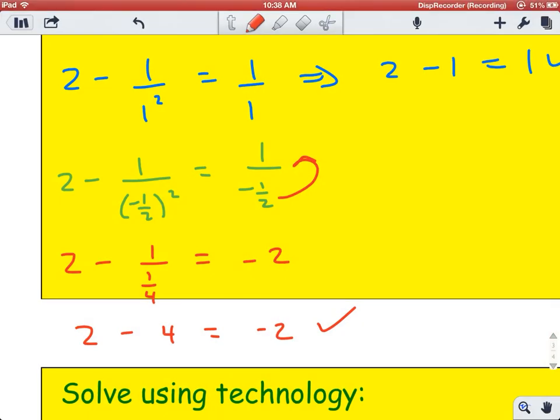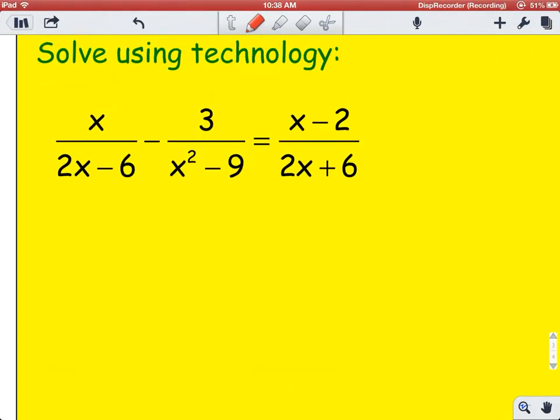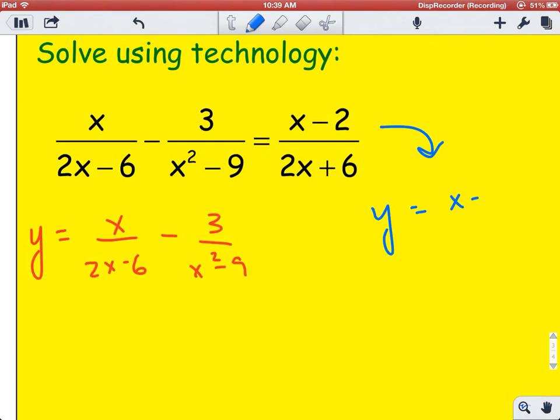And finally, let's take a look at our last example, which is actually the same as the first example. I just took all the a's and made them x's. And so once again, we're going to have two separate equations. So one equation is one side of the equal sign, and then the other equation is the other side of the equal sign.